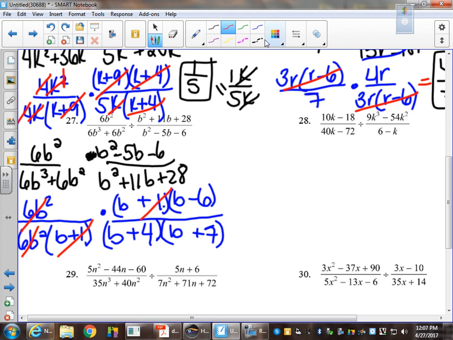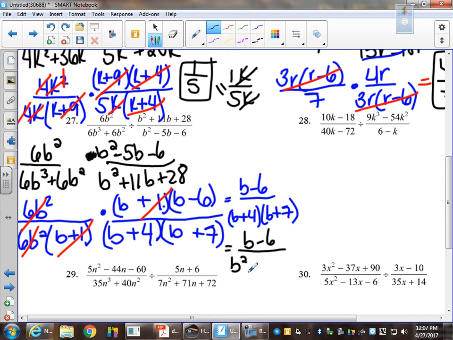So we're left with b minus 6 over b plus 4 times b plus 7. We still have to multiply all of this across. So your final answer when you multiply the denominator is b squared plus 11b plus 28. And we're done.